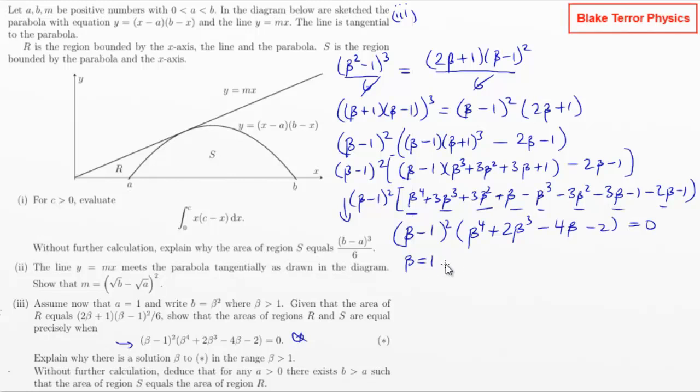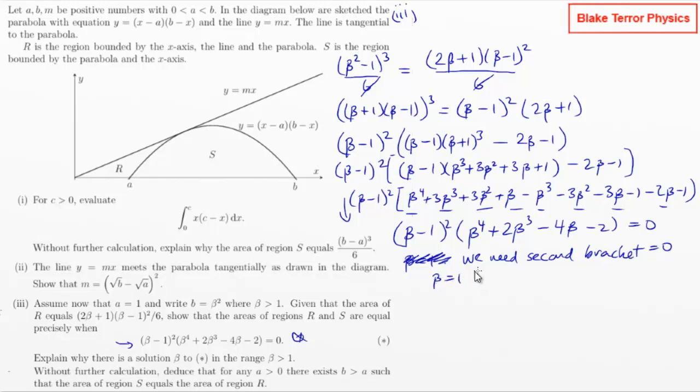So if beta equals 1, say, then we get, well, actually we get beta equals 1 when we've got 0. So let's look at the second bracket then. So we need the second bracket to equal 0.